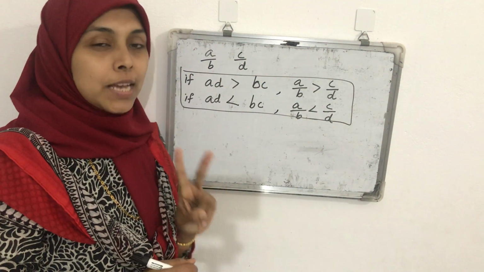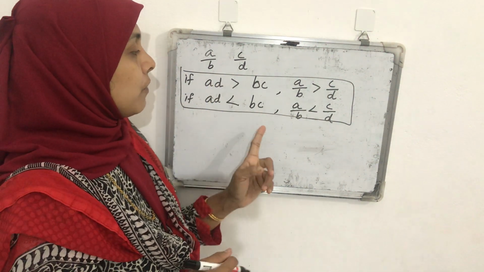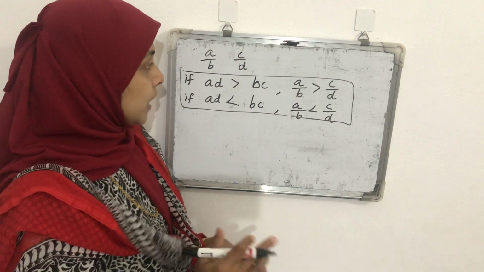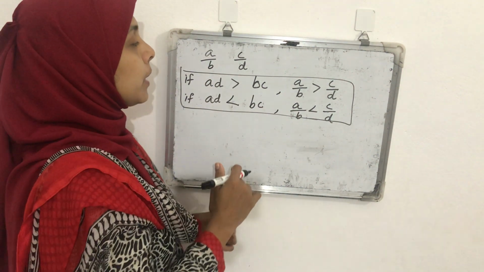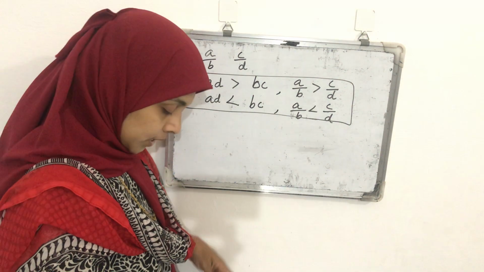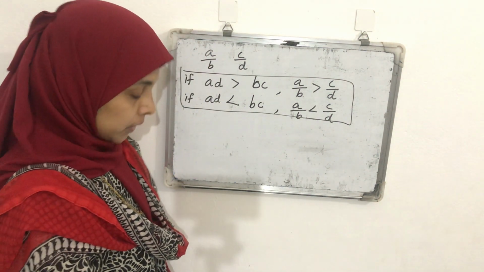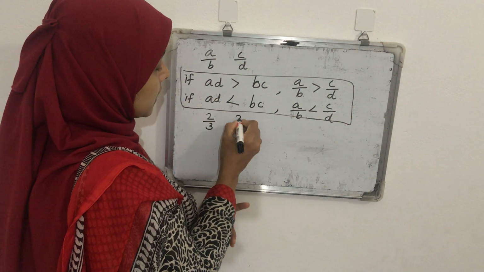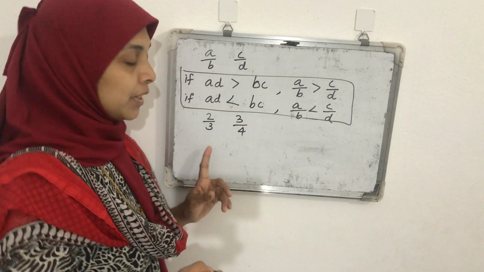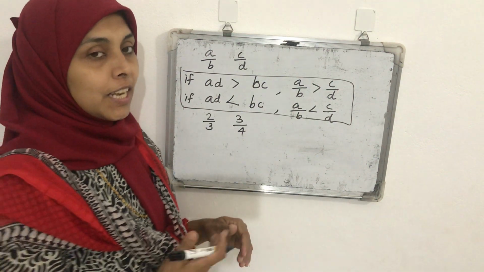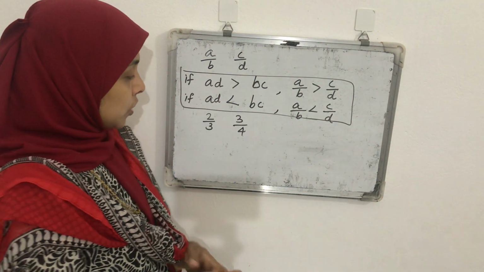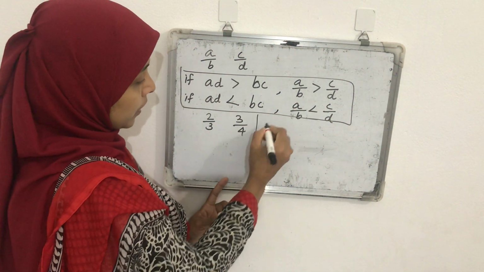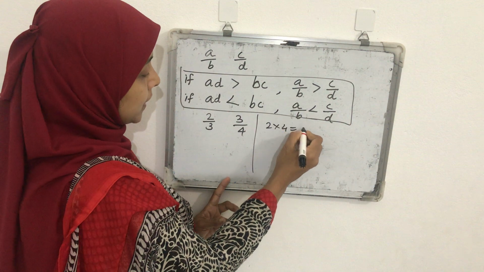This way we can compare two given rationals. If only two rationals are given, then we can compare them by finding the cross product. One example: instead of A by B and C by D, I took 2 by 3 and 3 by 4. We want to compare these two rationals. Which one is greater or which one is smaller? Find the cross product. 2 into 4 is 8.